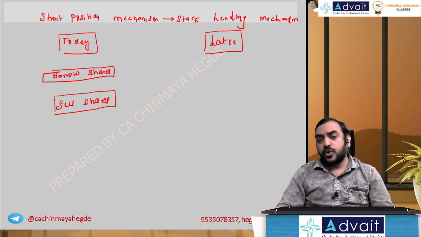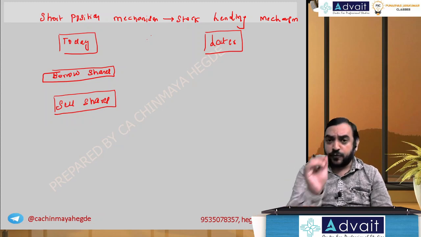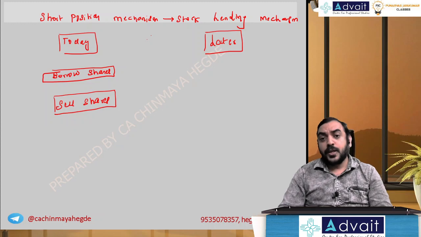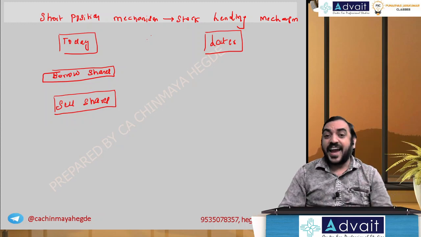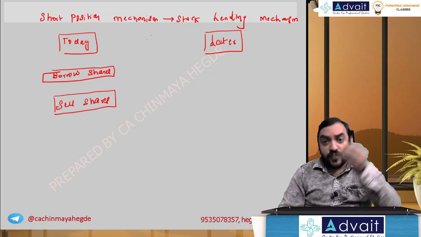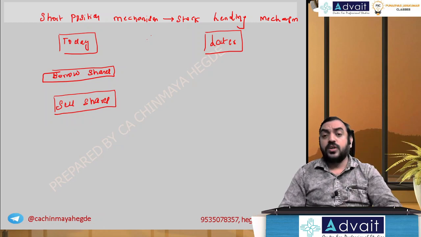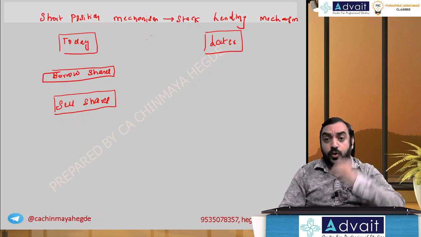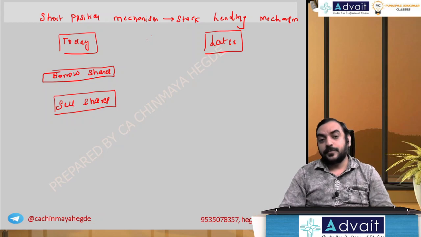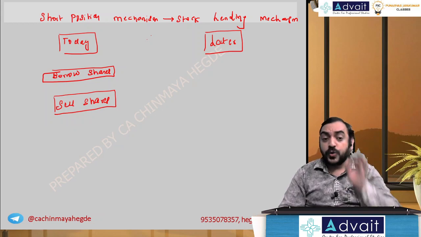Yes, just as you borrow gold or commodities. In your childhood, if your pen is not working, you borrow a pen from your friend. Before this money system, we had a barter system. We used to borrow commodities, borrow rice, borrow sugar. Like that, you borrow shares.